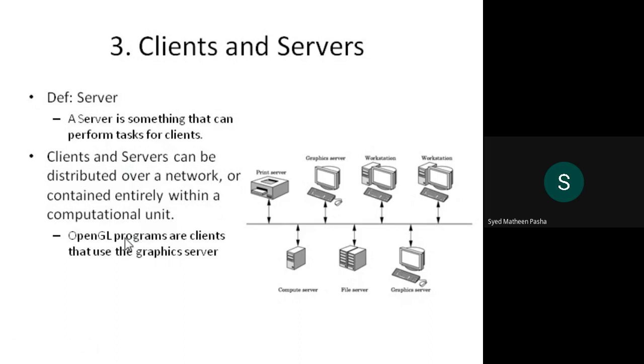Then, OpenGL programs are clients that use the graphics servers. Suppose whatever programming we are doing, which server are we using in the program? Can someone guess? What is the library you have installed before executing the program?